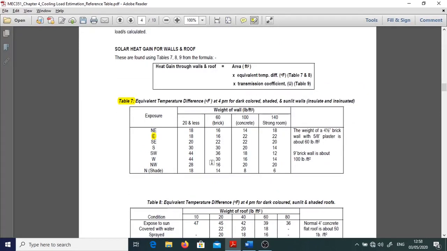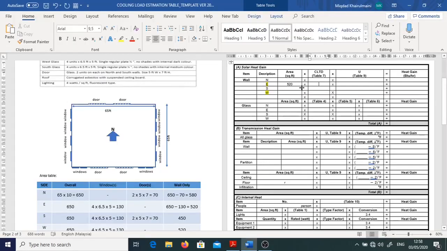The question has given us that the wall material is 4.5 inch brick wall with cement plaster on both sides. So the weight is 60 pounds per square feet. Here we have 60 and we read the value for east, so 16. Inside the table we will use the value 16.